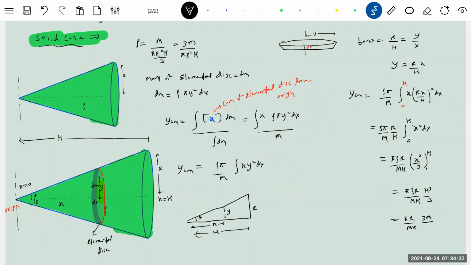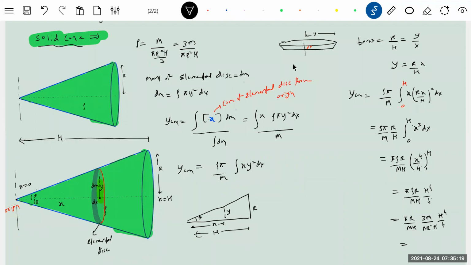Rho will be 3M by pi R square H. That should be R square by H square, no sir?